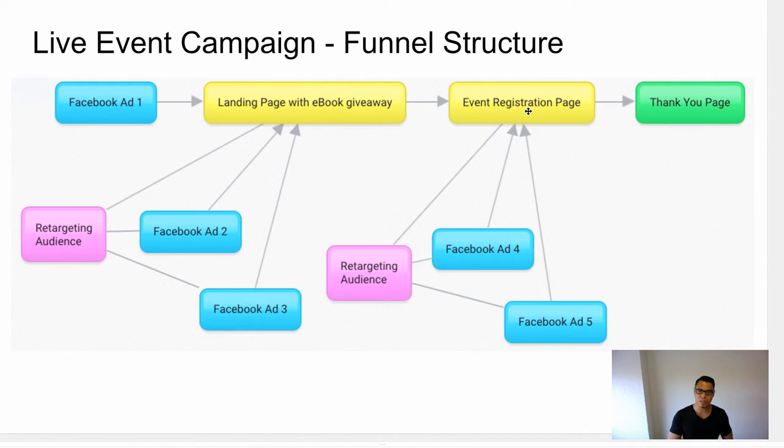Now, for some reason, if they don't take action, we then show them Facebook ad number 5, which is coming from a different angle or different strategy, different conversation. So again, we're talking about communicating with your target audience. So Facebook ad number 5 takes them to the event registration page, and at that point, we're expecting them to register, and they then are taken to the thank you page, and that's the end of that funnel.